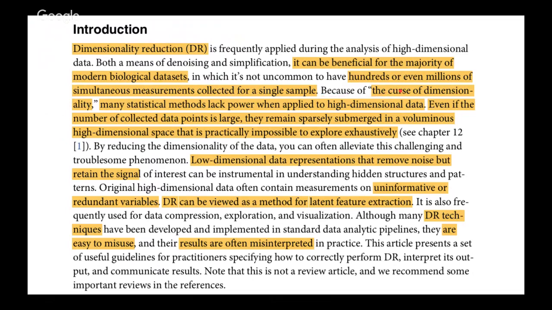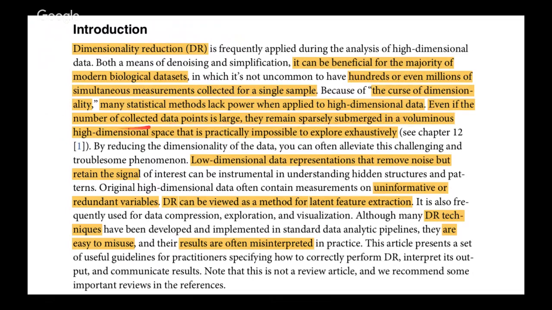And then dimensionality reduction aims to solve one of the problems in statistics called the curse of dimensionality, where many statistical methods will lack power when applied to high-dimensional data. So even though we have methods to give us very high-precision readouts from biological data, the fact that they are very highly dimensional poses problems when we need to analyze those case controls or those samples with statistical tools.